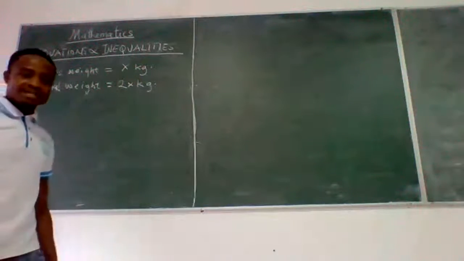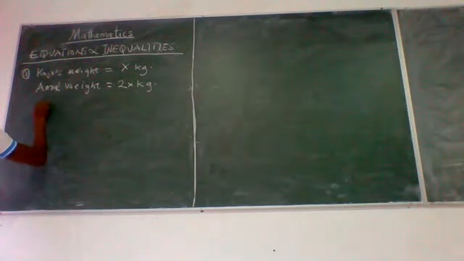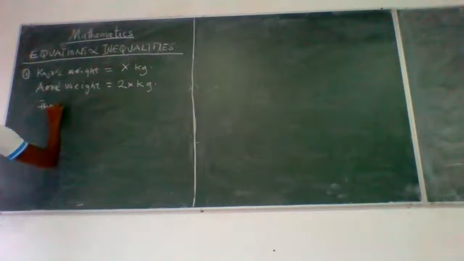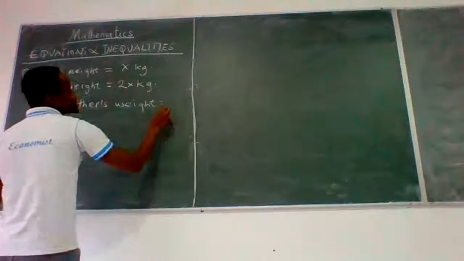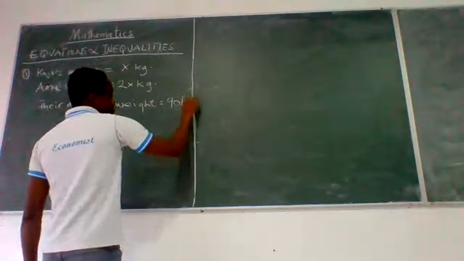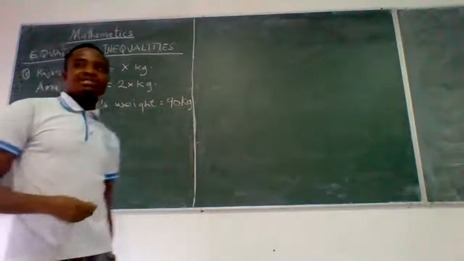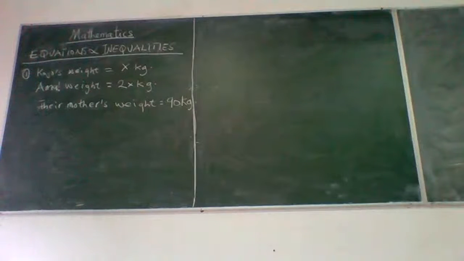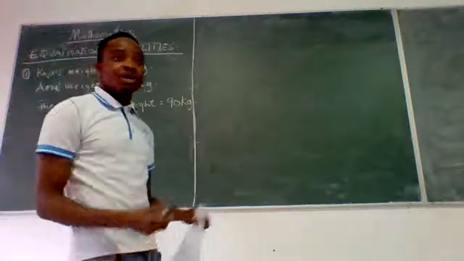Their mother's weight is, let's say, 90 kg. Someone informed you that the weight of Kwedo together with Amma is equal to their mother's weight.